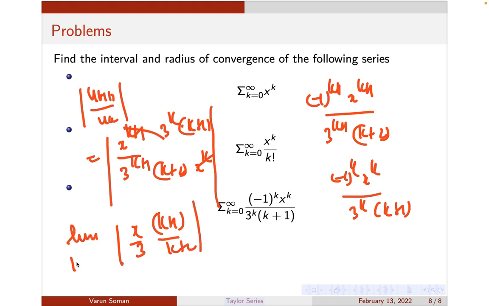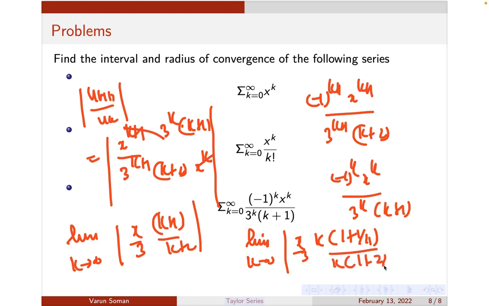So when you apply limit k tends to infinity, what will you get? In the numerator I can take k outside, so I will be getting limit k tends to infinity modulus of x by 3 into k(1+1/k) divided by k(1+2/k). Your k gets cancelled out. So when you apply k tends to infinity, you will be getting the limiting value as modulus of x by 3. Okay, now this is the limit value.